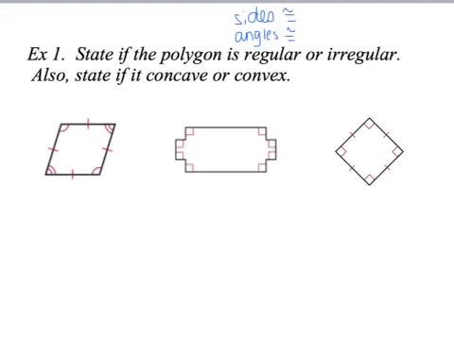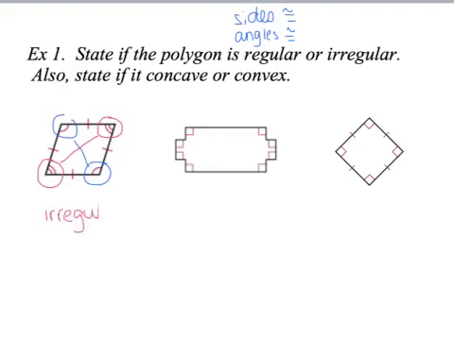All right, so we're going to go through here. Well, in the first picture, we have opposite angles that are congruent, but they are not congruent to each other. These two are congruent, and then those two angles are congruent. But the red and the blue angles that I have marked are not congruent. So this would be irregular.